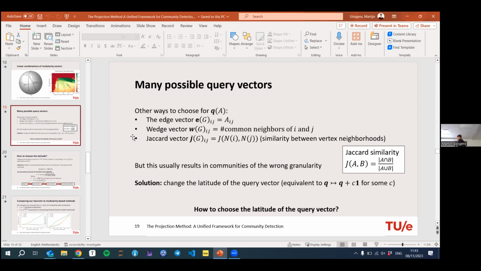Yeah, so that is also what I thought of first when I came up with this whole hypersphere idea. And this is the most natural place to start, but it performs quite badly because if you have a sparse graph, then you're usually connected to only a minority of your own community.